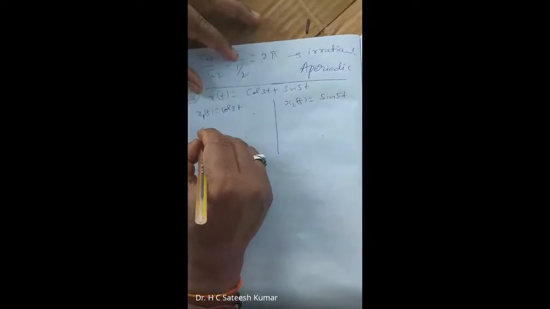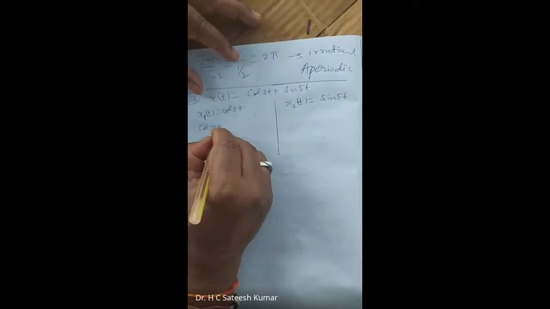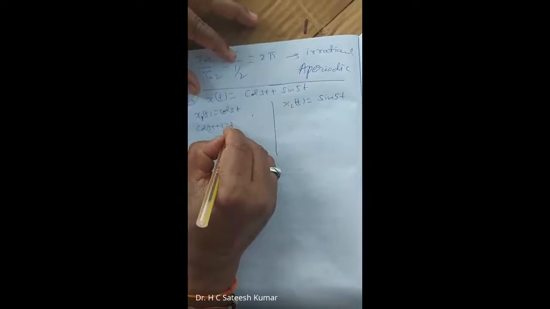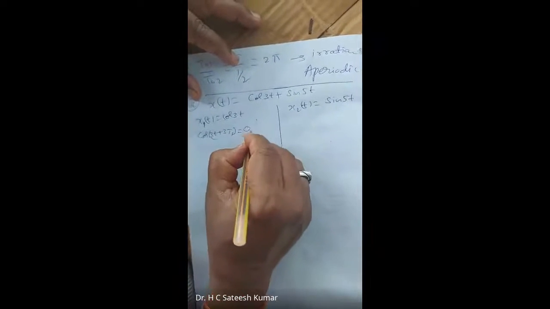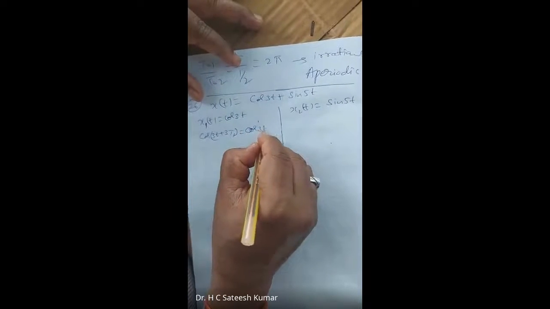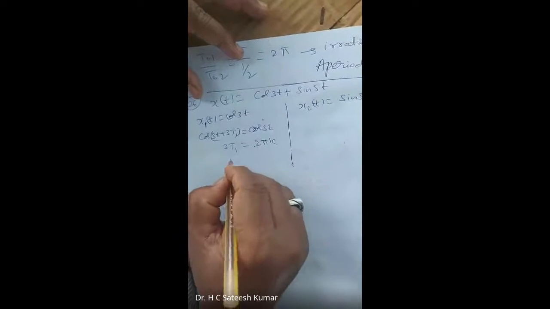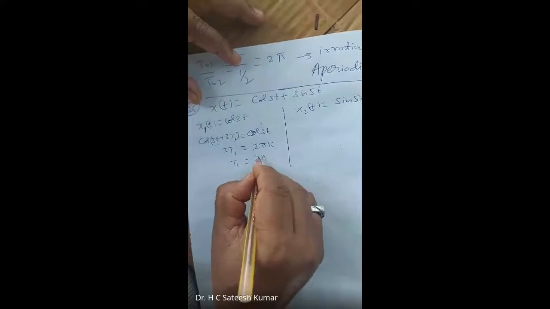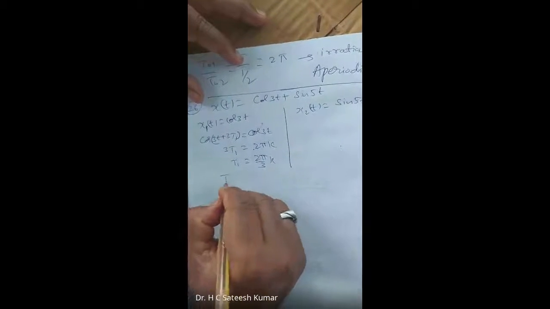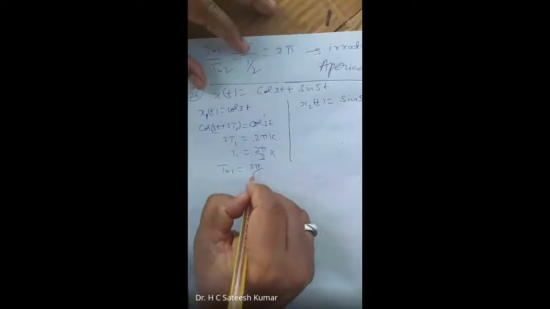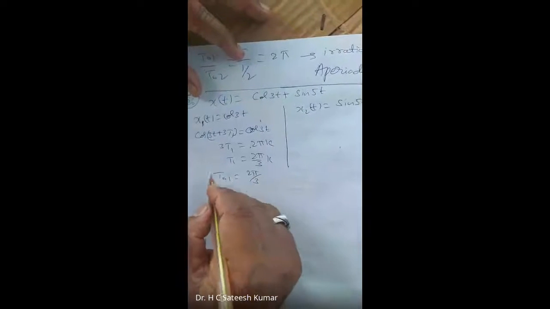The condition is cos 3(t plus t1) is equal to cos 3t. When these two are equal, 3t1 is equal to 2 pi k, t1 is equal to 2 pi by 3 k, and t naught 1 is equal to 2 pi by 3 for the least integer value. So it is periodic.